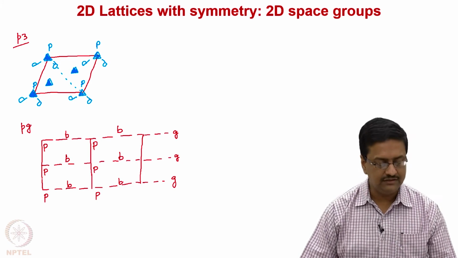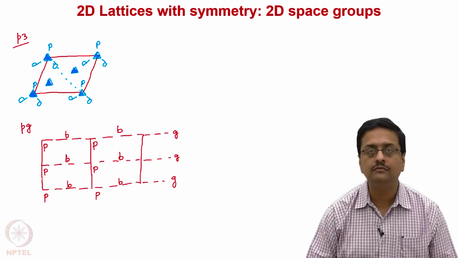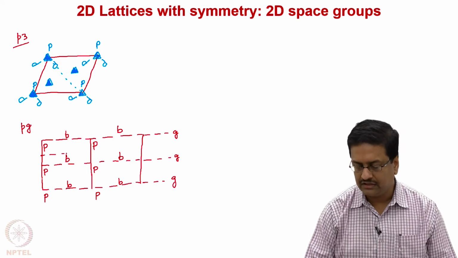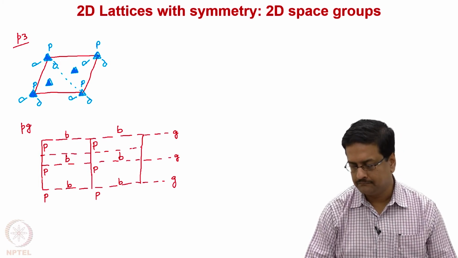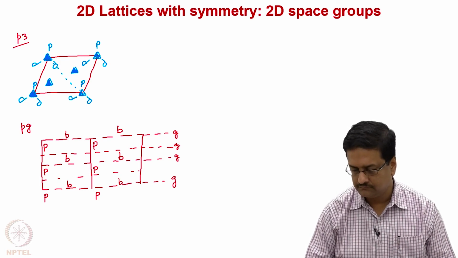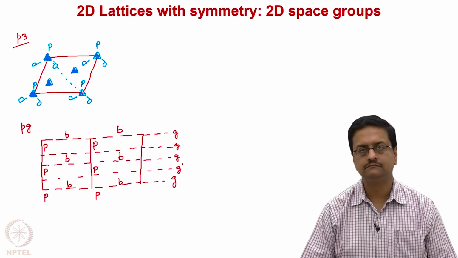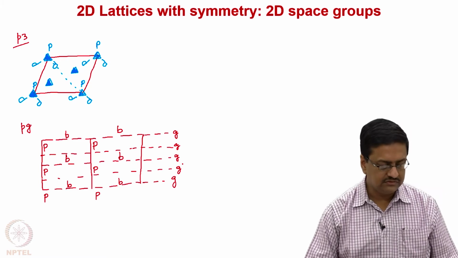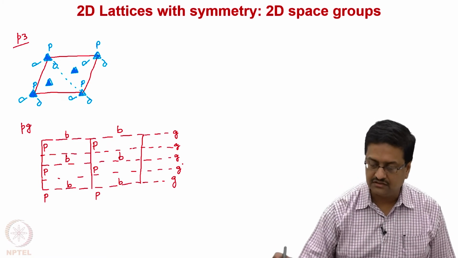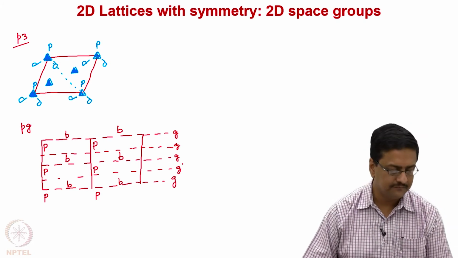So now what we see is a relationship between the two objects inside the unit cell is also a glide in between. So this is the representation of the 2D space lattice PG.